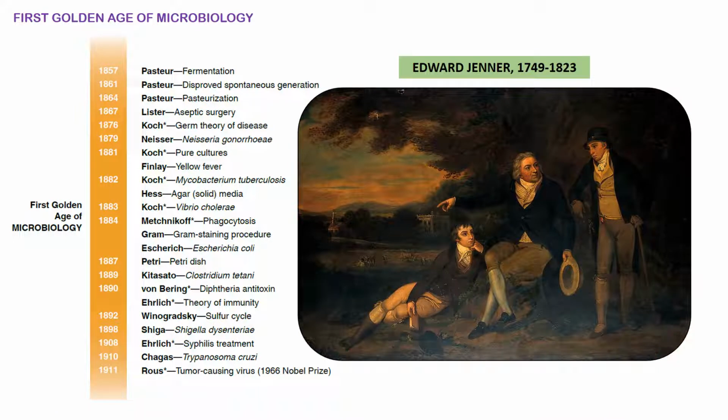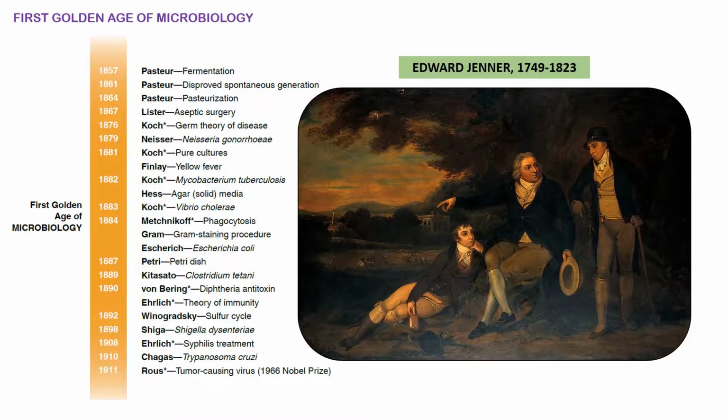Now, this guy is also worth mentioning, even though he was not on the timeline here, because he existed before that. So Edward Jenner is an English physician who developed the first vaccine for smallpox. So meaning prior to Koch and Pasteur, vaccination is not new.